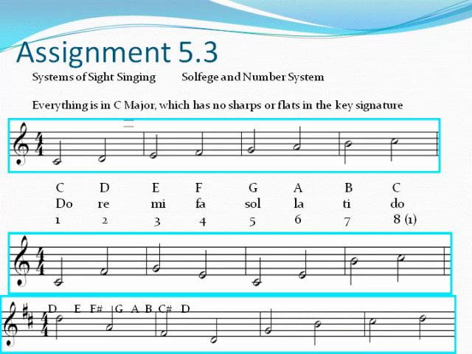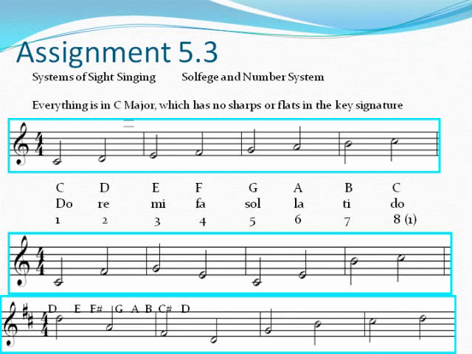So you are using these pitches, C, D, E, F, G, A, B, C, and each one of those is assigned the syllable or the number. So what will happen is whatever scale you're using, I would write it out. In this case, we're just using C major, so you write it out just like I did here in this example.